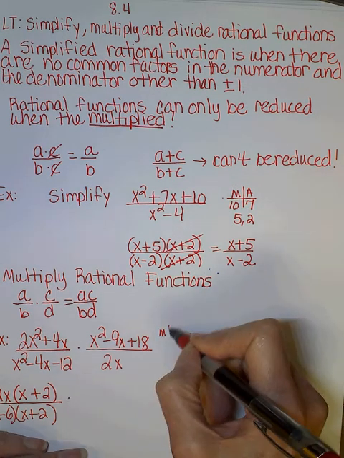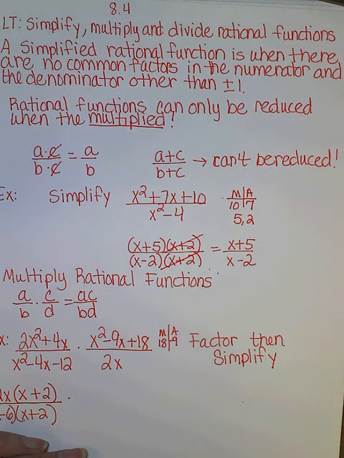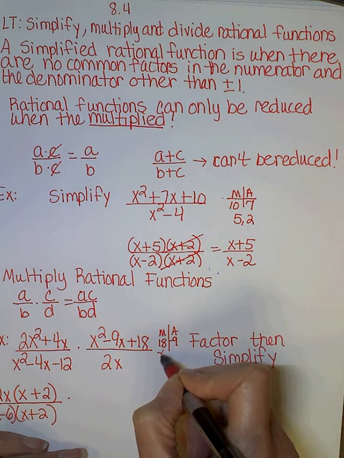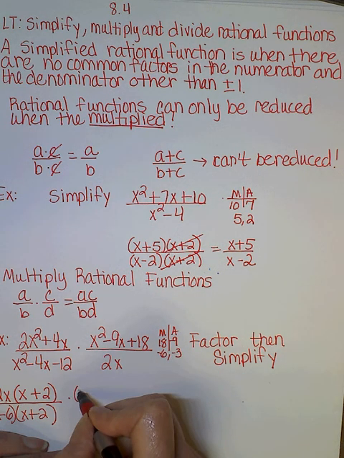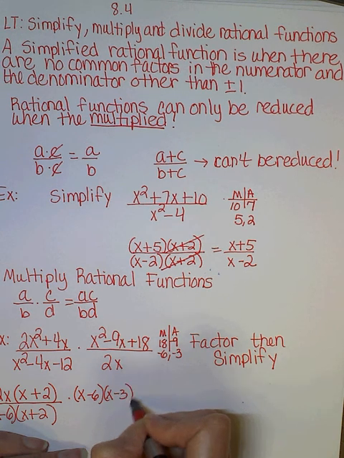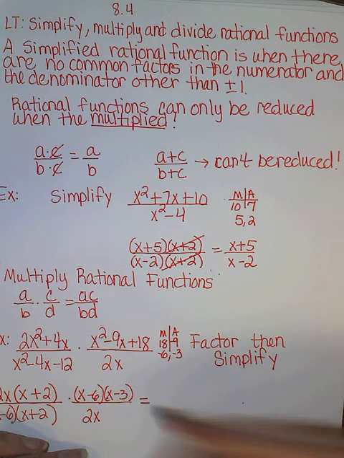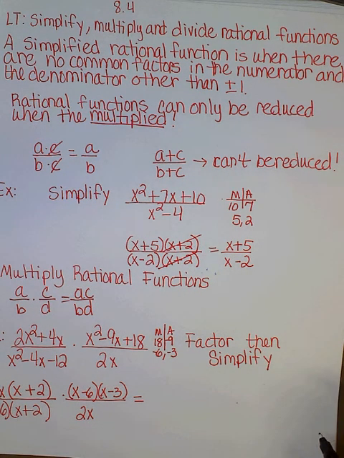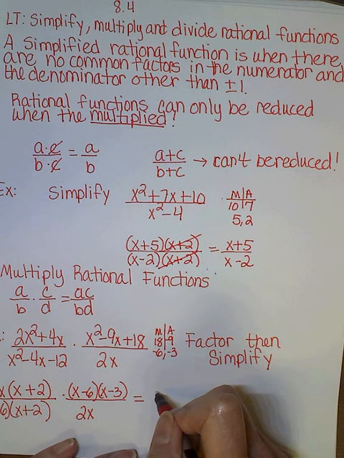Here I've got multiplies to be 18 and adds to be negative 9. And so that'd be negative 6 and negative 3. And then nothing factors in this denominator. Alright, now we can go all the way across if you want to, and then reduce at the very end.